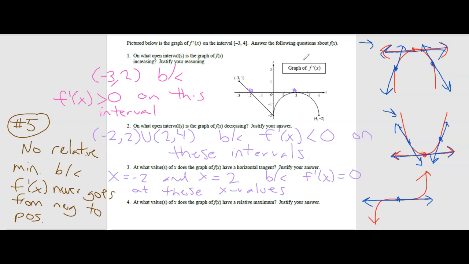So we need to look for where the derivative goes from positive to negative, and that occurs right here at x equals -2. So relative maximum at x equals -2 because f prime of x goes from positive to negative at this x value.